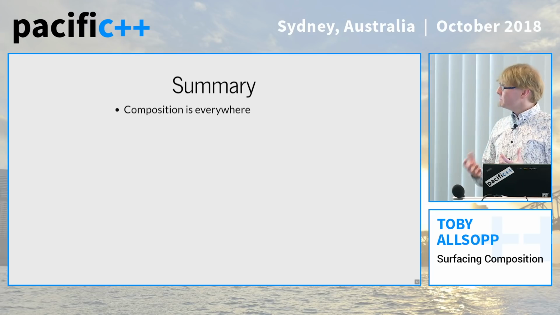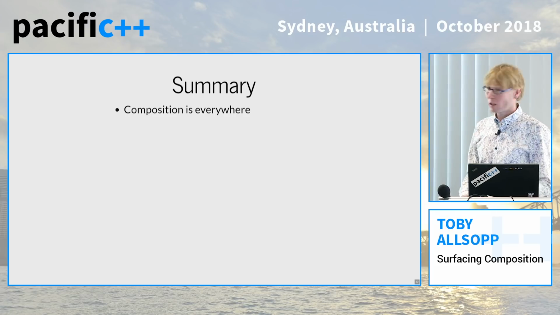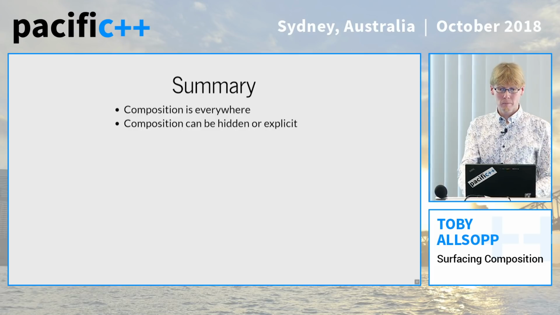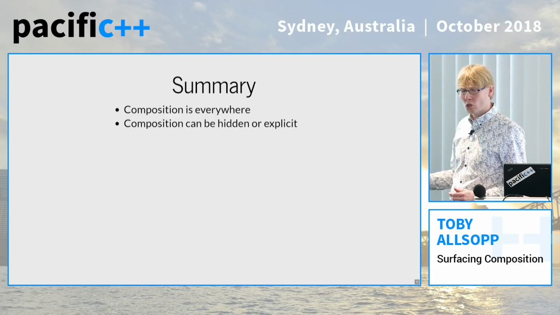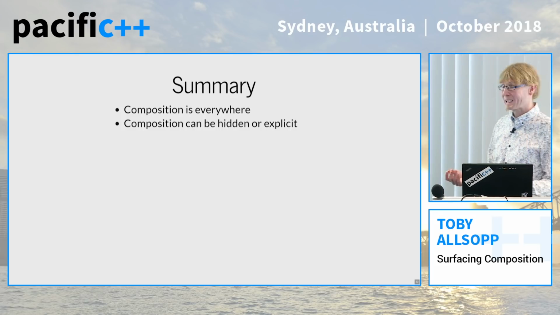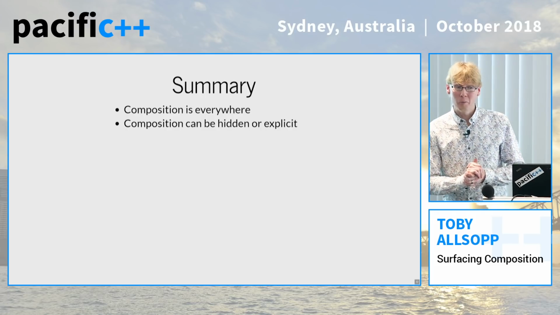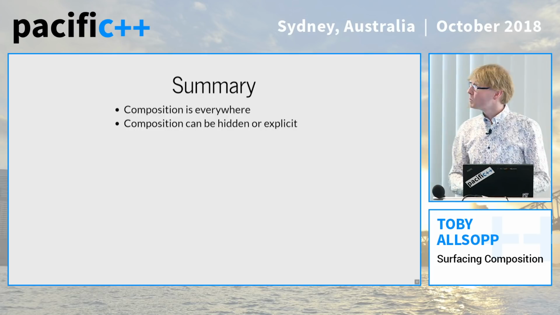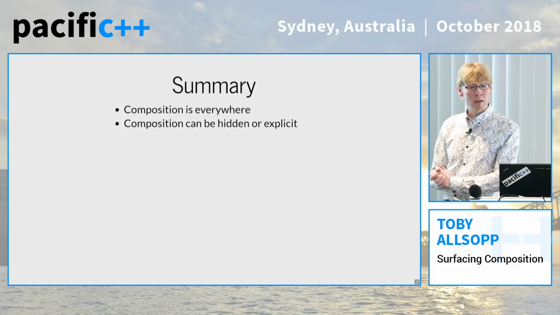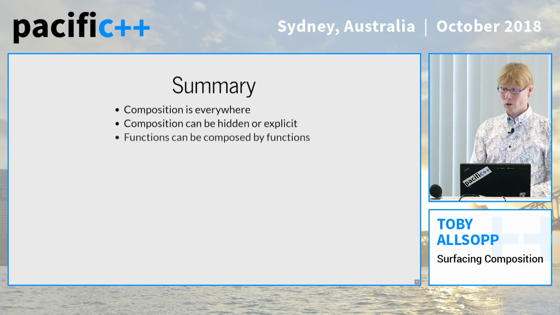We compose statements together to make function bodies, and we do it all the time when we're programming. This composition, a lot of the time, is hidden or implicit. It's under the surface, and that's fine. I'm not saying that's bad, but what I'm saying is that we can make it explicit, if not in our code, then in our minds, and that helps us to think about the code.